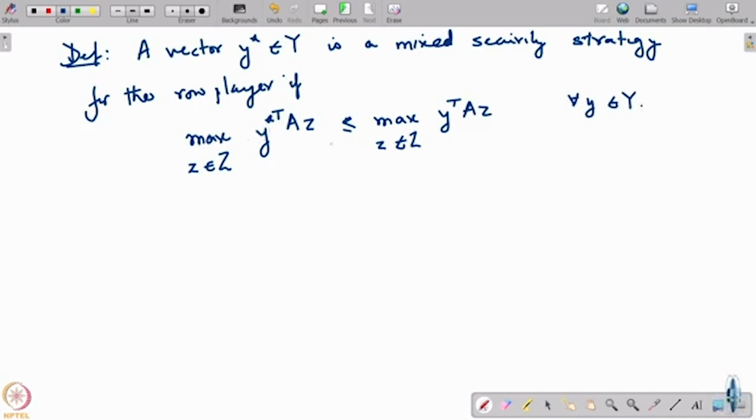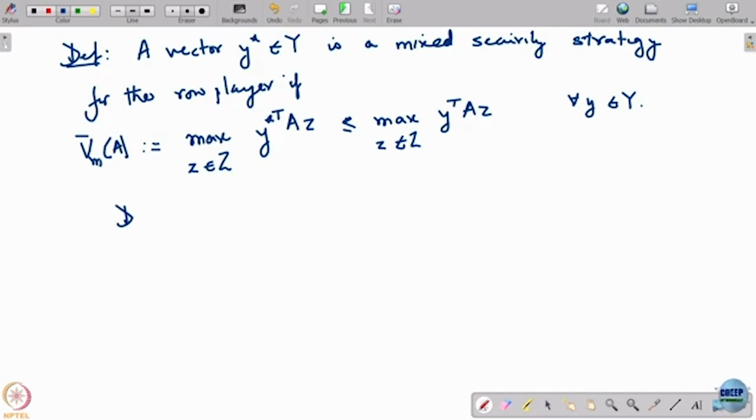Okay. And this here is called the mixed security level, denoted as VM upper bar of A.